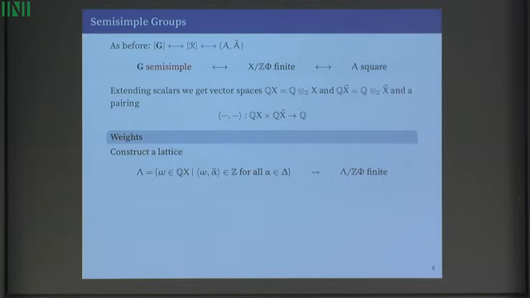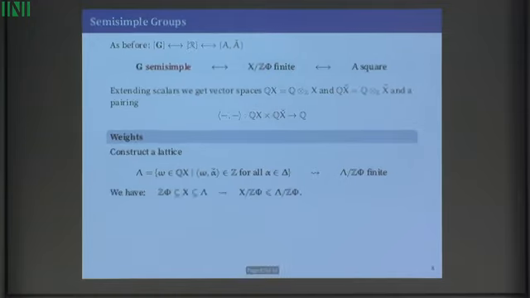Frank already talked about the weights in his talk when he was talking about representations. So inside this vector space QX, you have the weight lattice. It's all vectors whose inner product with any co-root is an integer. So the weight lattice mod the root lattice is actually a finite group. Okay, and clearly your X lives in the weight lattice.